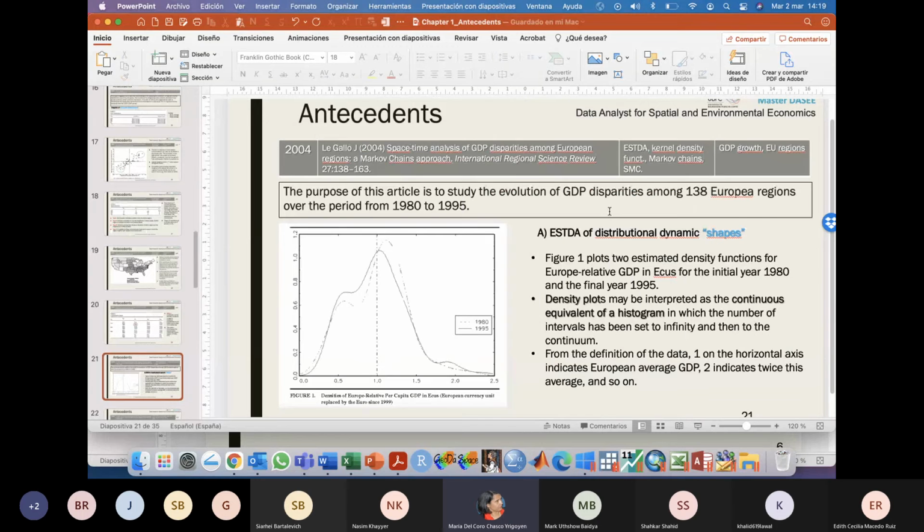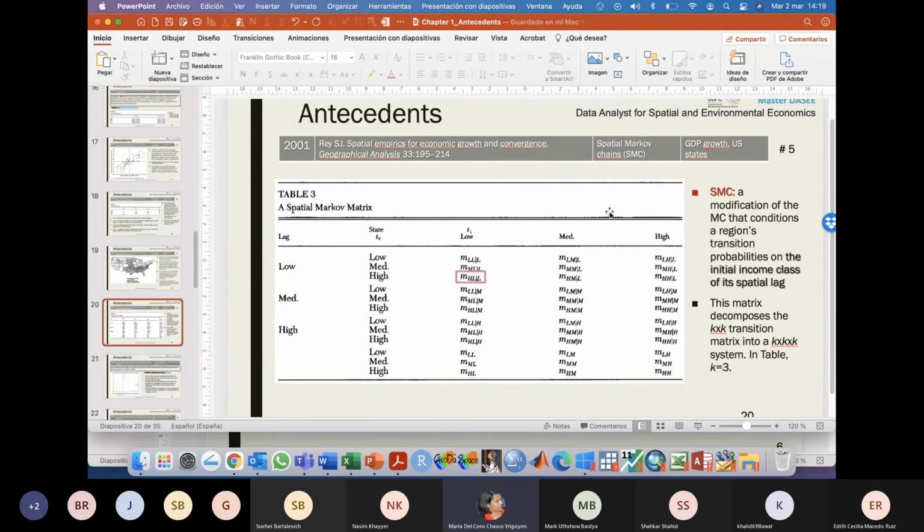So we now take into account the spatial lag. This matrix decomposes the K by K transition matrix, the normal Markov chain matrix, into a K by K by K system. In this table, the number of classes or states K is equal to 3: low, medium, high. We can see low, medium, high here, and low, medium, high repeated for each low, medium, high corresponding to the spatial lags.